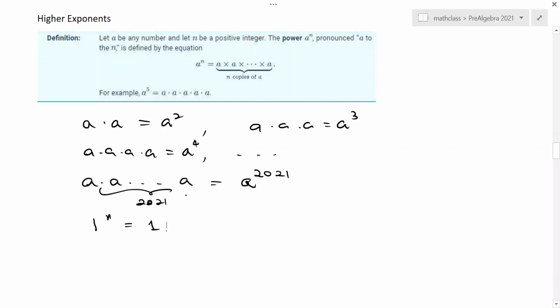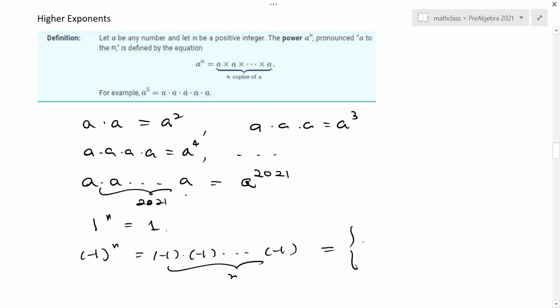Now, how about -1 to the nth power? This is a little bit tricky. -1 times -1, you have n negative ones. So n could be even, could be odd. When n is even, you have many pairs of negative ones, so you're going to get positive one.